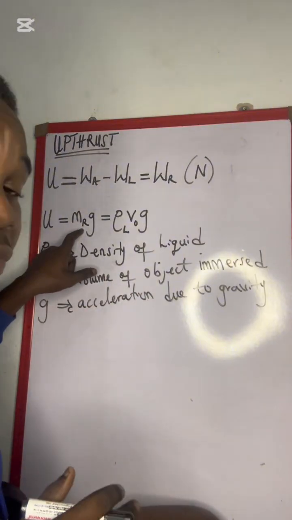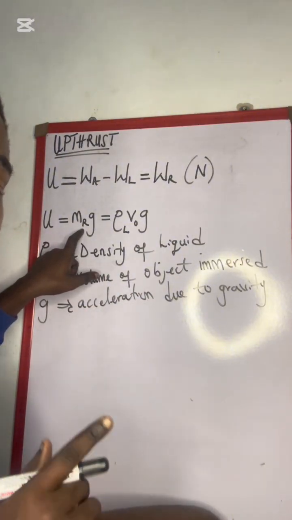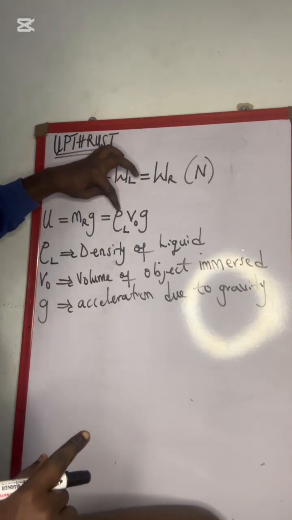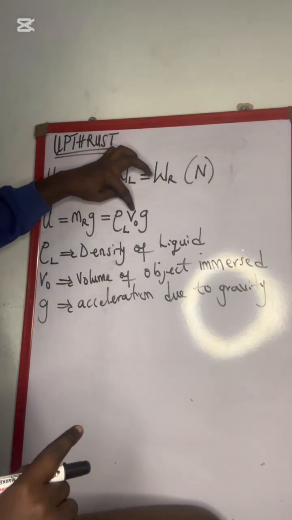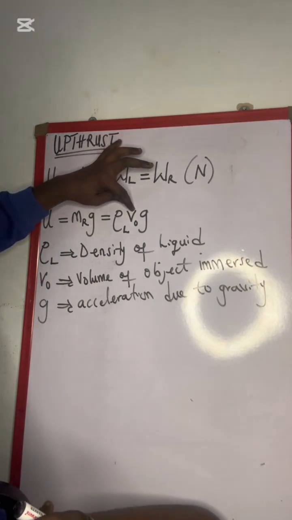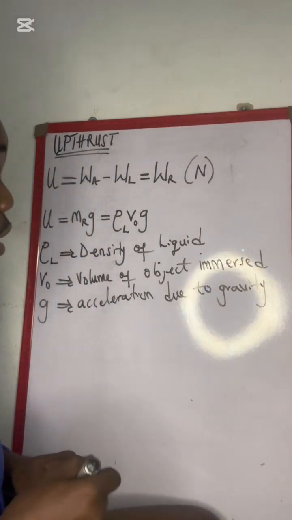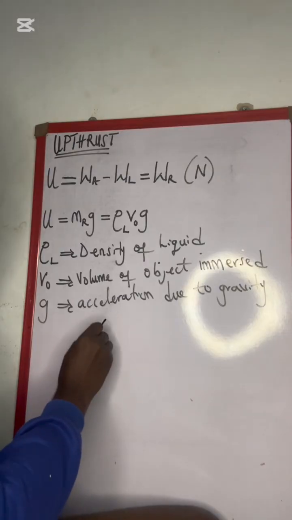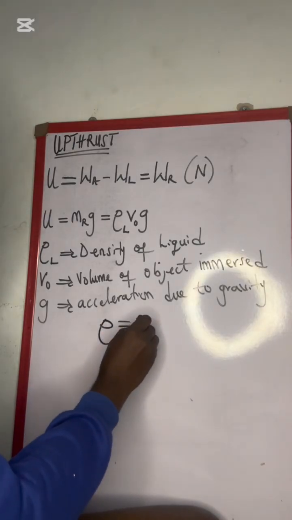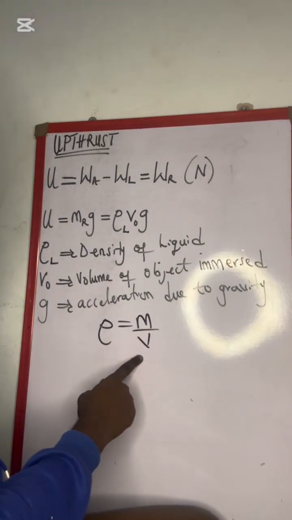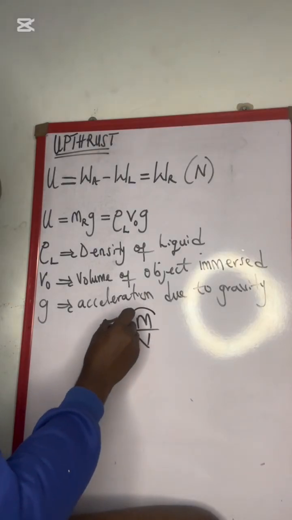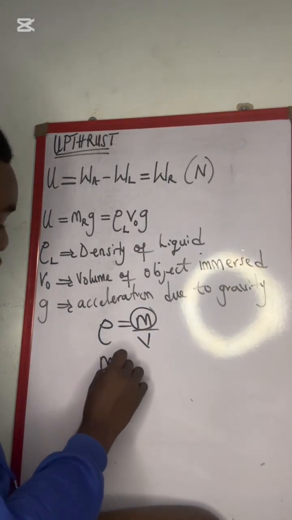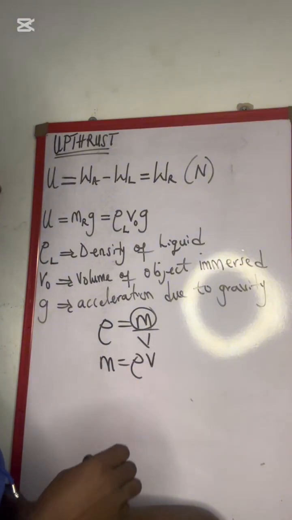Now, how do we find displaced mass or resultant mass? It is equal to the density of the liquid times the volume of the object immersed. I'm sure you recall that when we learned about density, we said density was equal to mass divided by volume. So if you make mass the subject of the formula, you're going to get mass to be density times volume.